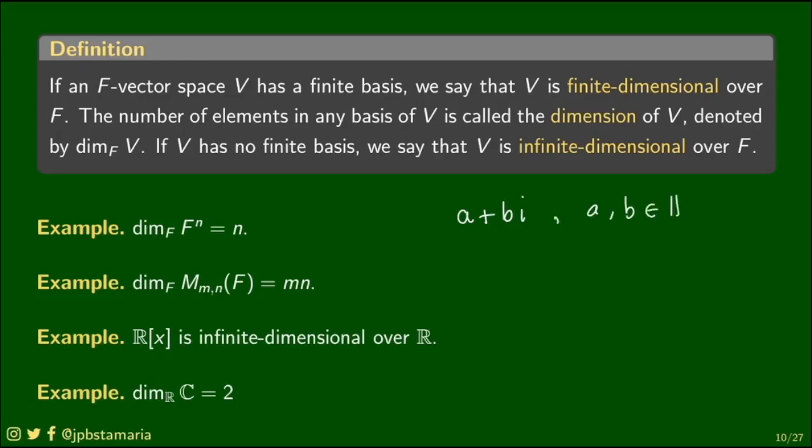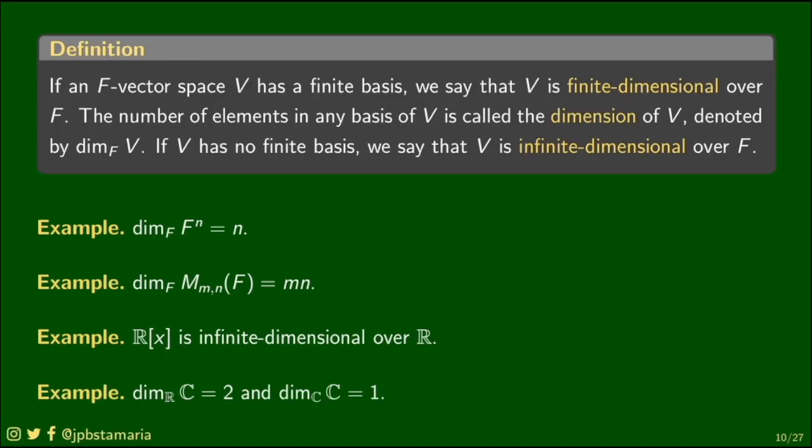Actually, a plus bi is of the form a times 1 plus b times i. Therefore, C is spanned by the complex numbers 1 and i. You can check that 1 and i are linearly independent.